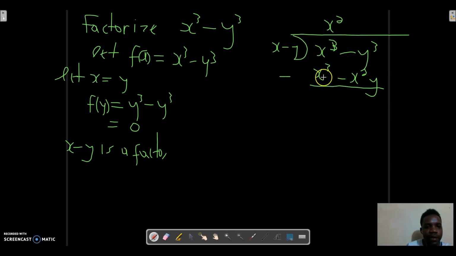So x cubed minus x cubed is 0. And of course, we don't have an x squared y up here, so we're going to have to carry down the minus y cubed. But what about this? Just think of it as being 0 x squared y up here. So 0 minus negative x squared y would end up giving you a positive x squared y. I would carry down the minus y cubed.